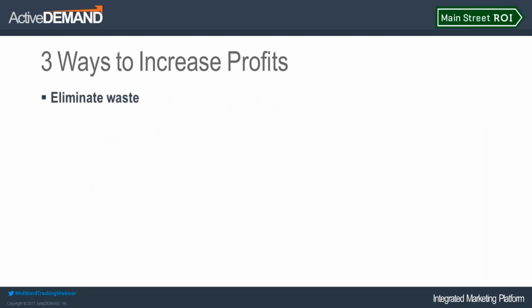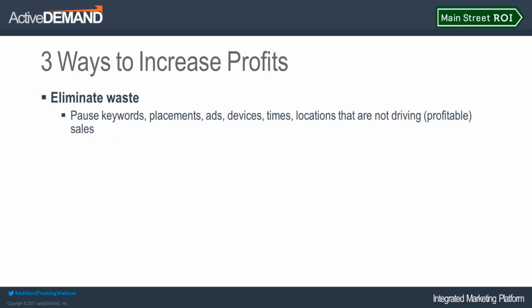Obvious one is eliminating waste. So when you get conversion tracking set up, you'll see that some keywords just won't be driving leads. They won't be driving any sales. Obviously, we want to pause those and reallocate the budget. Not just keywords, placements on the display network. Certain ads might not be performing well. You definitely want to take a look at devices.